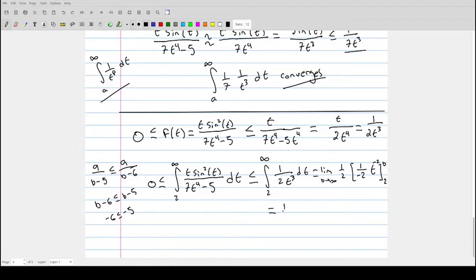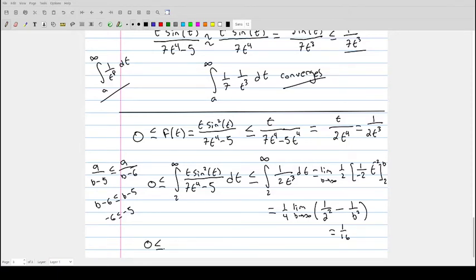Or it's equal to 1/2 times 1/2, which is 1/4, times the limit as b goes to infinity of 1 over 2 squared minus 1 over b squared, which is just equal to 1 over 4. This limit is 1 over 4, so this is 1 over 16.